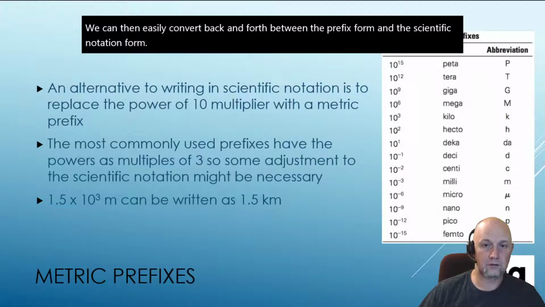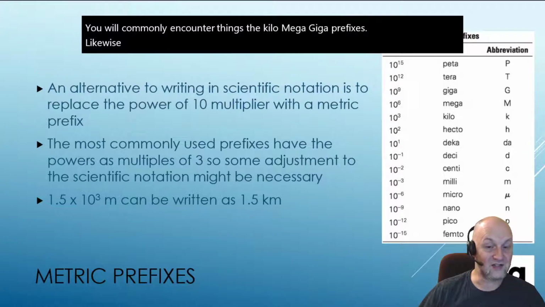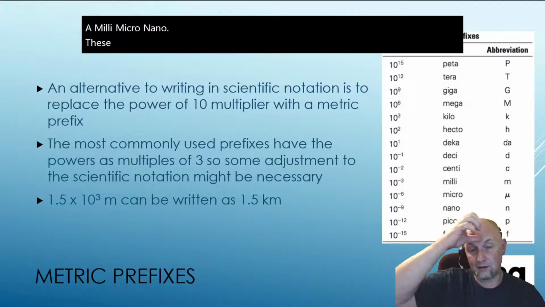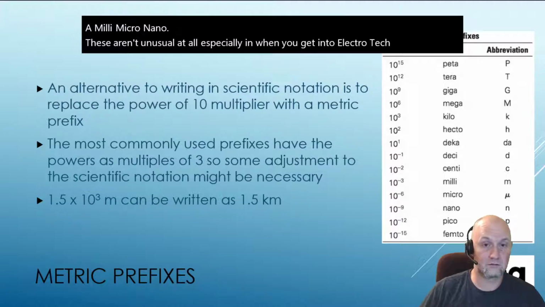You will commonly encounter things like the kilo, the mega, giga prefixes. Likewise, we commonly see centi in centimeters, milli, micro, nano. These aren't unusual at all, especially when you get into electrotech and components in electric circuits.